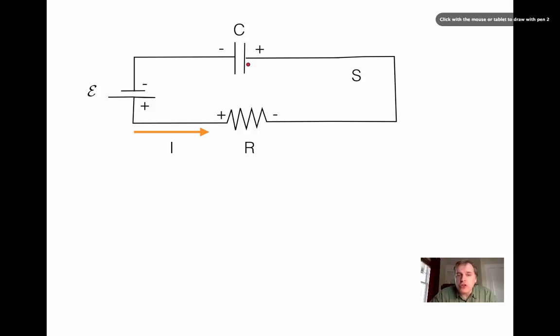So you expect the current to start high and then decrease as it gets more and more difficult to add charges. The charge starts at 0, it will increase, but it will go to an asymptote. It will level off to a maximum value after a long time. So the charge increases for a while, then reaches a maximum value, and the current starts very large, decreases, and goes to 0 if you wait a long time.